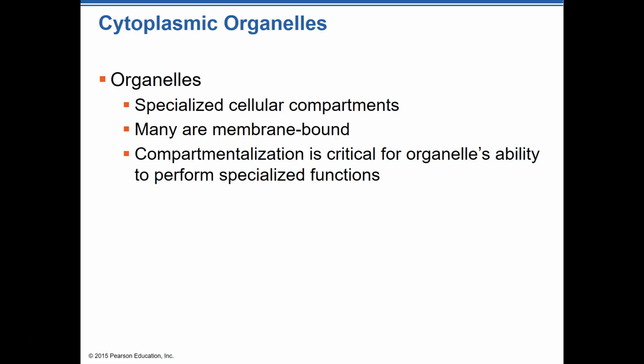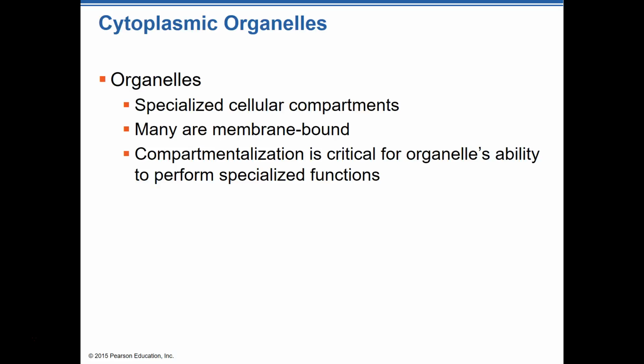So, organelles, this is one of the places that we'll spend a lot of time talking about the different things that these different little organs inside of the cells do. But they're specialized cellular compartments is what they refer to them as.